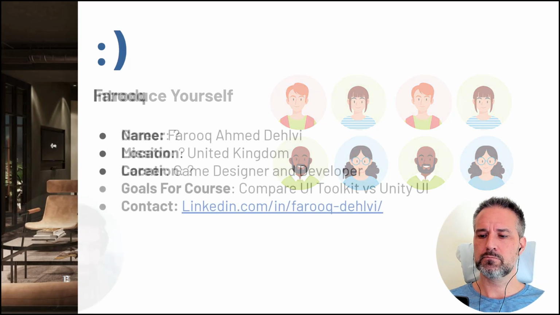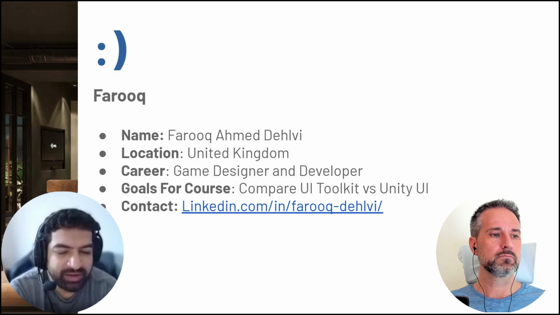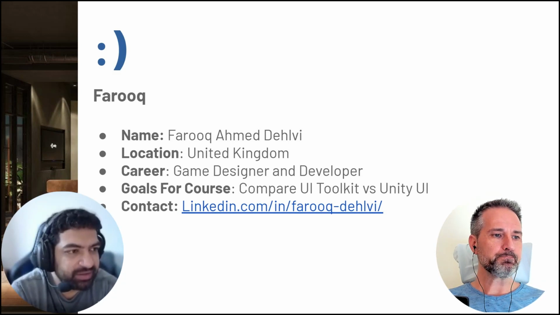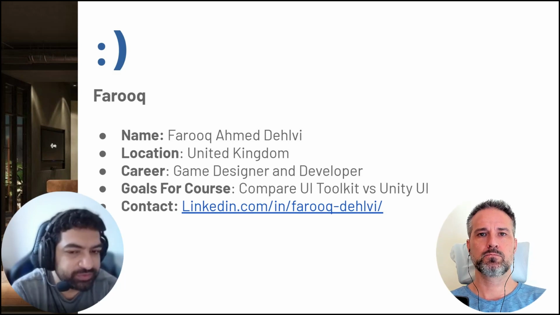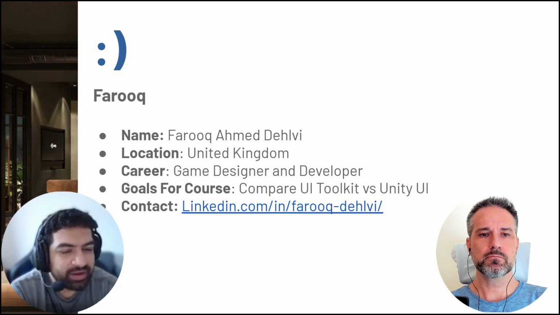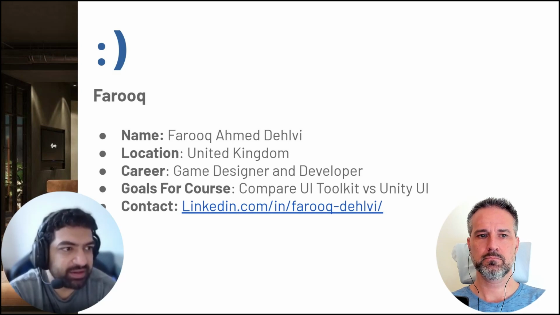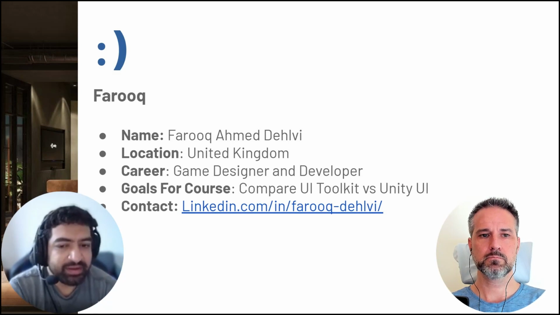Okay. My name is Farooq. I'm an Edinburgh-based game developer. I've just finished an MA in game design. I moved to the UK for that MA. I'm currently working on 2 projects which are funded by accelerators. One is with Code Coven as a part of the Solstice program. That's an Unreal-based project.